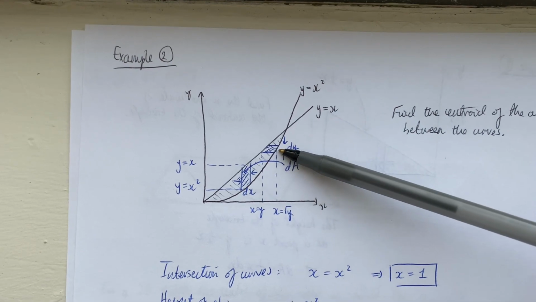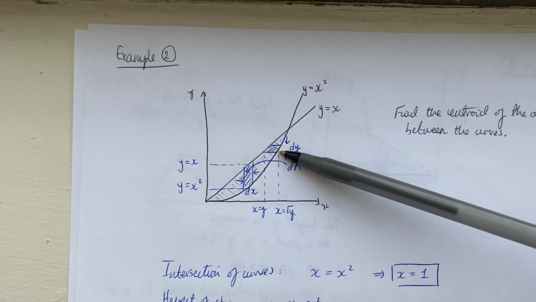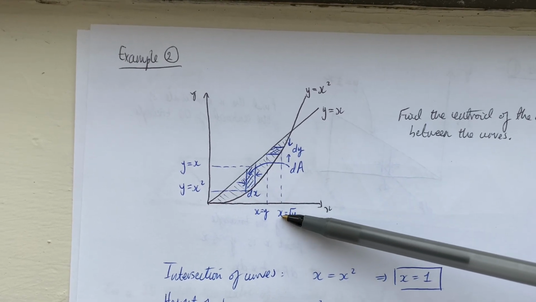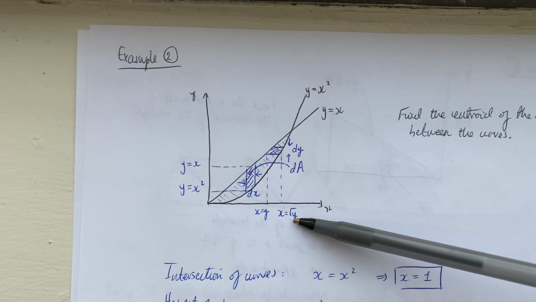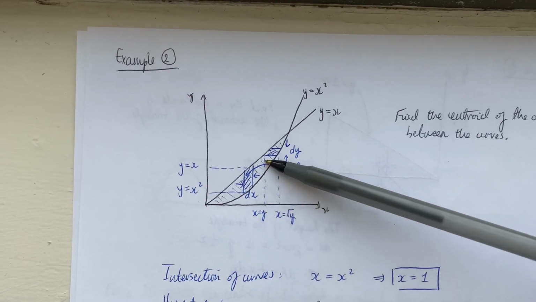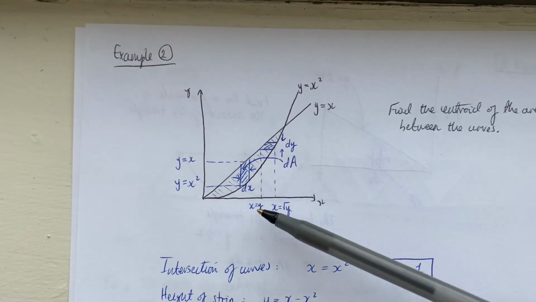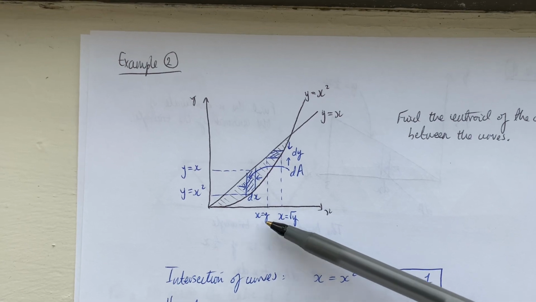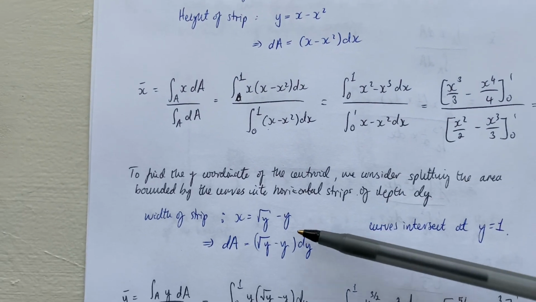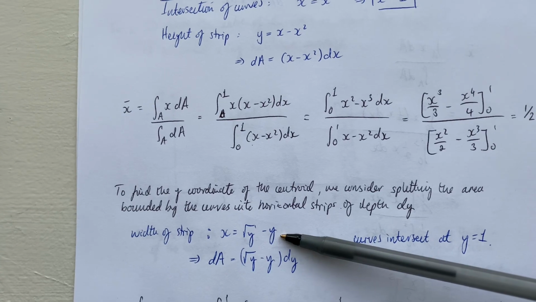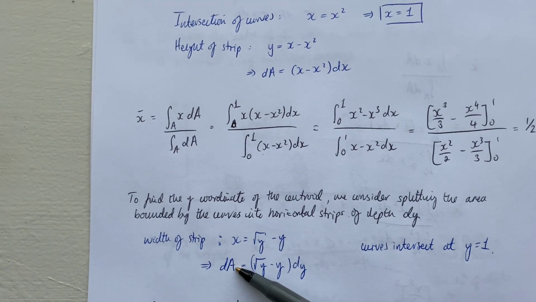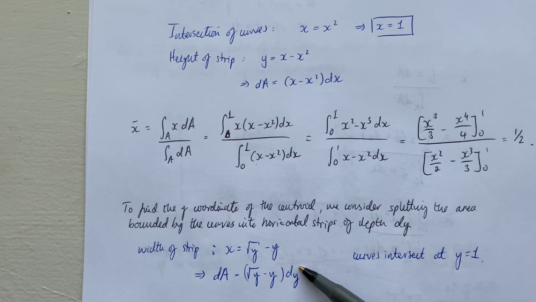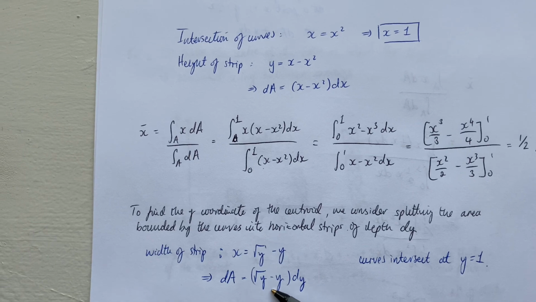So the curve is always on the right hand side, so if that is given by y equals x squared, that's the same as saying x equals the square root of y. And then I have the line always on the left hand side, so that the width of the strip is always root y subtract y, which is what I have down here. So therefore the area of any of these horizontal strips is just given by the depth dy multiplied by the width, which we've just worked out.